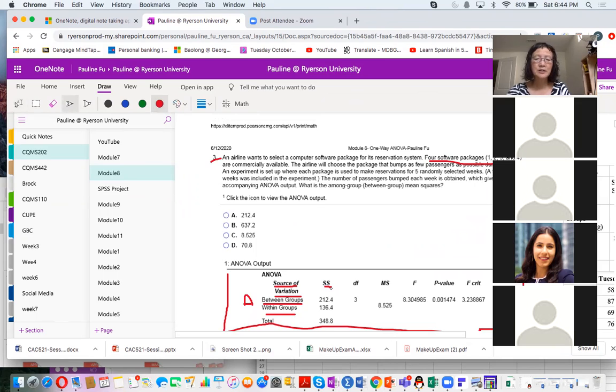The textbook and also the online modules give you a detailed step-by-step approach. How do you figure out sum of squares?